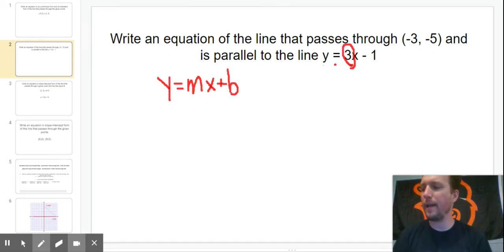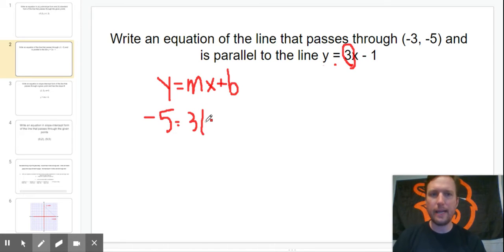Step number 2, y-intercept. I know my y-coordinate from what is given in the problem is -5. I know my slope is 3. And I know my x-coordinate is -3, again provided in the problem. And I'm going to solve for my y-intercept, or b.